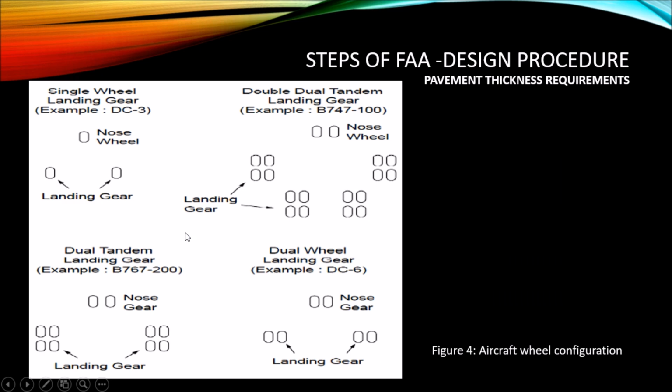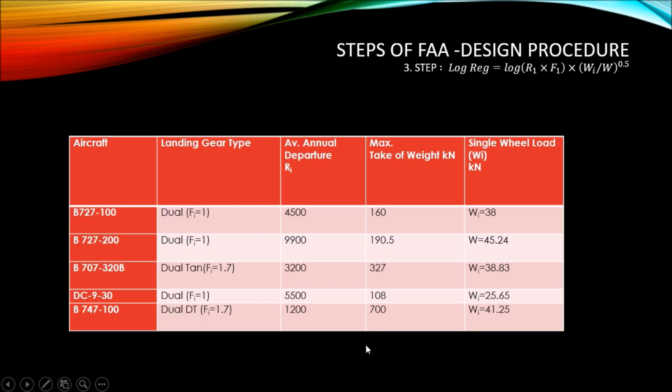You can see for the double dual tandem, we have 4, which is 8, another 4, which is 16. So it means we are going to multiply 700 by 0.95 and divide by 16 for us to obtain 41.25.